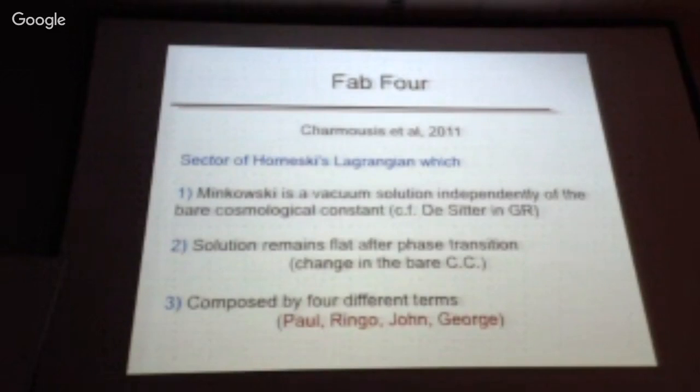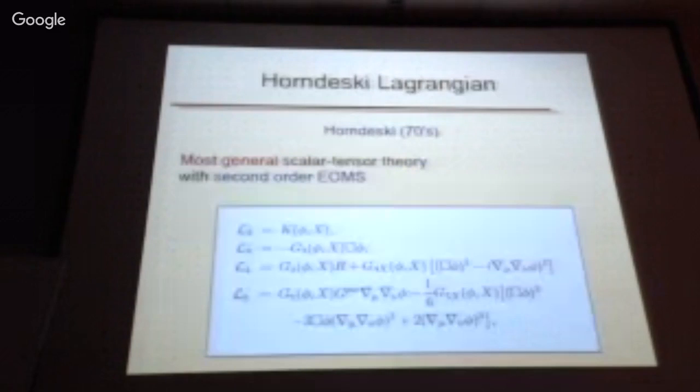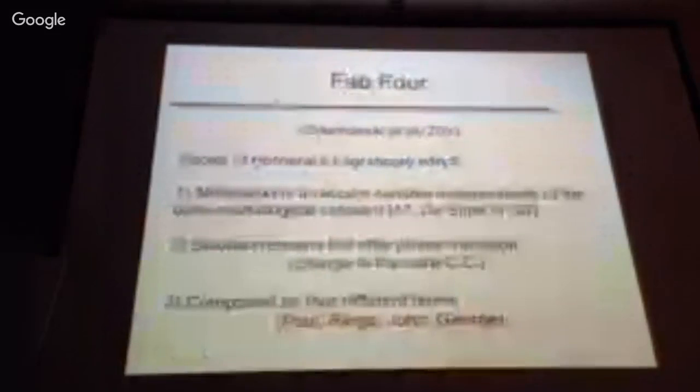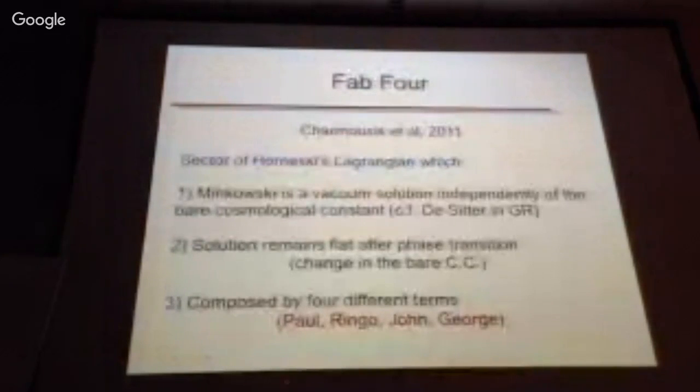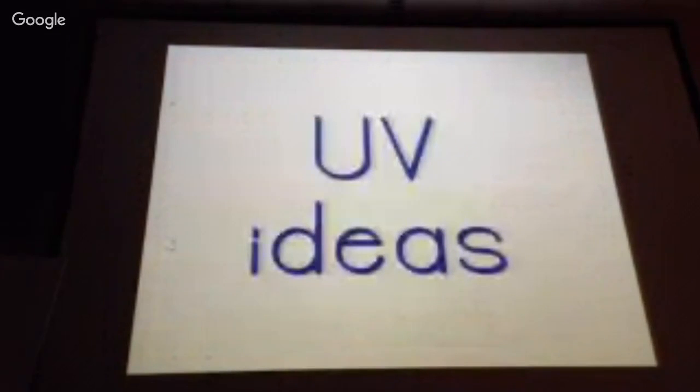Of all these terms that I have here, only 4 of them remain, and they go by the names Paul, Ringo, John, and George, and that's why it's called the FAB4. That's just one example of things one can do with modifications of gravity at the level of the infrared to deal with dark energy.